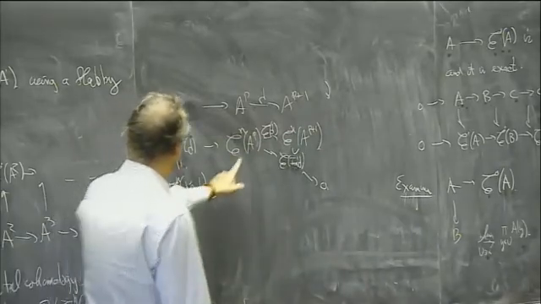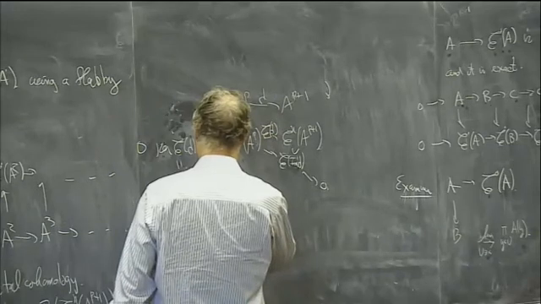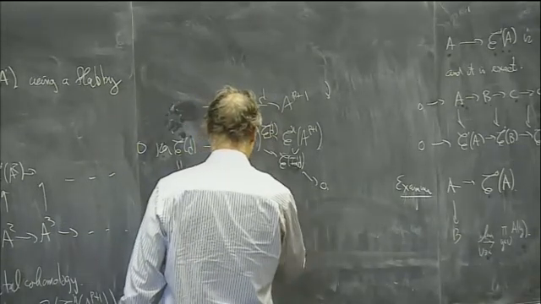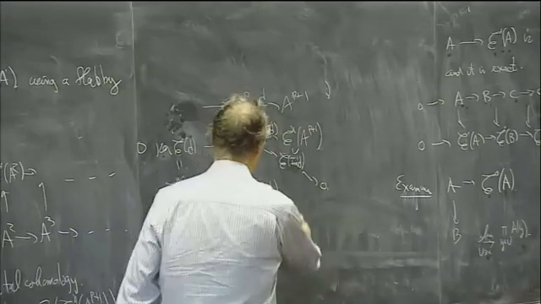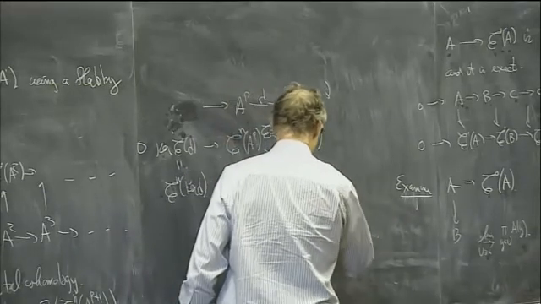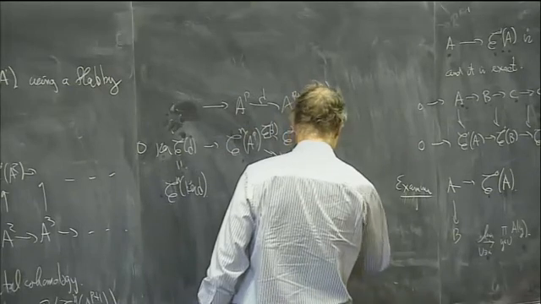So the sheaf cohomology here is simply C of the kernel of D over C of the image of D, which is C applied to the cohomology.